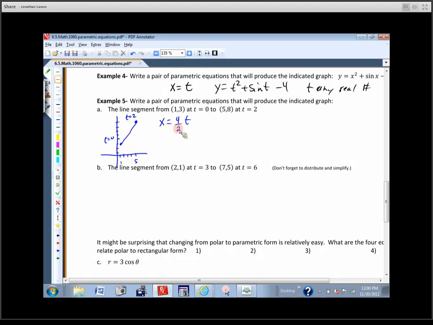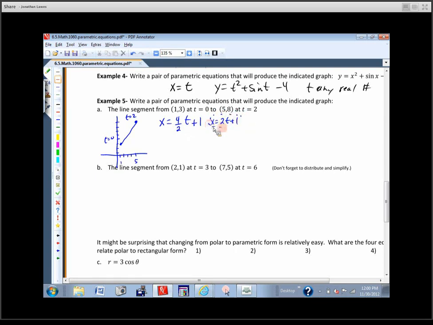So this doesn't start at the right place. So what I do is I add 1 to that. I start at this value right here. So here's what this says. Start at 1 and then change 4 units every 2 seconds. So the quick way to write this would be x equals 2t plus 1.